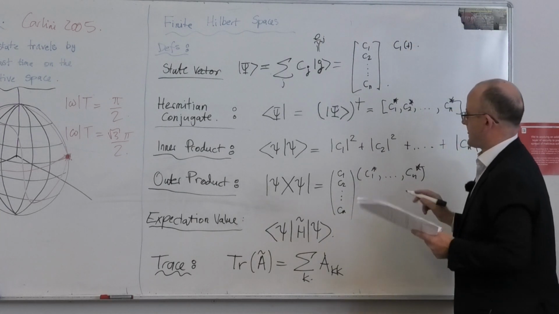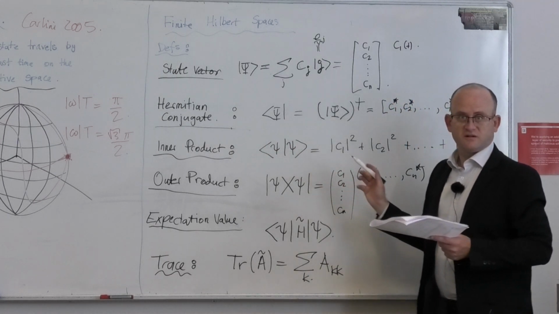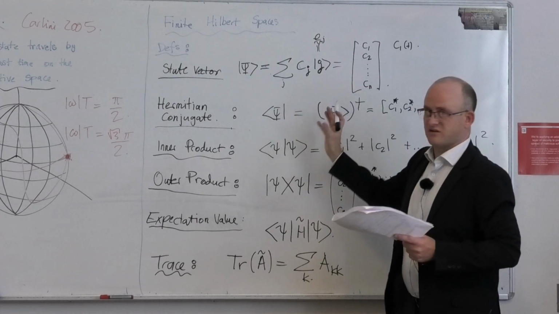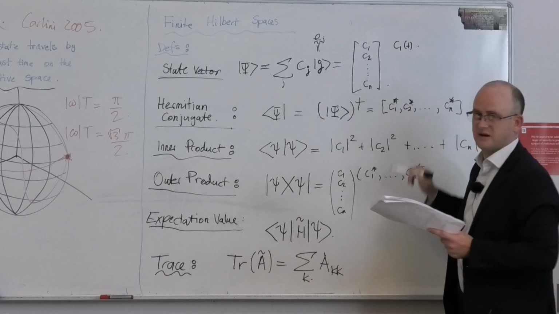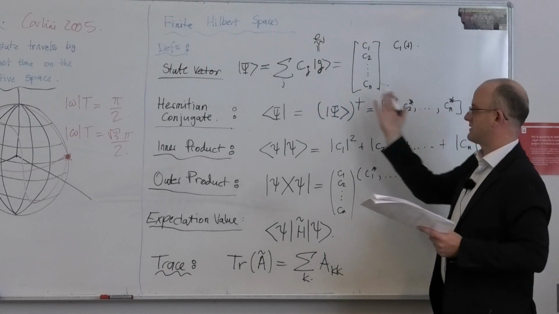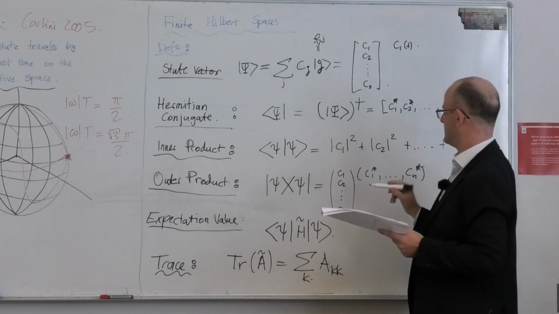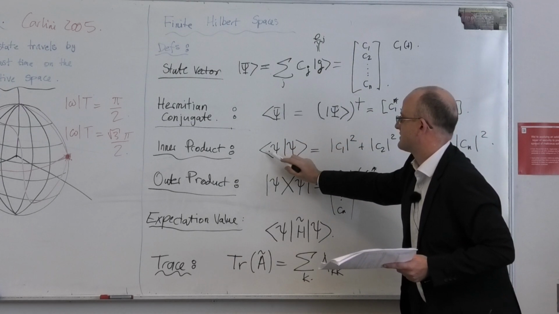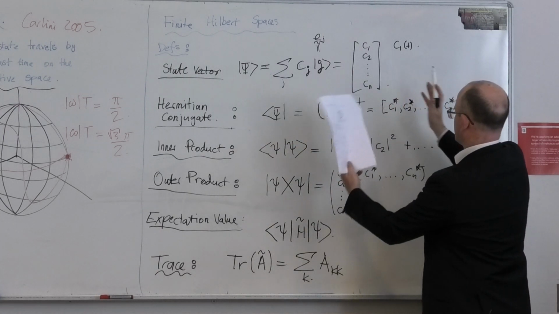Now, we're going to have a Hermitian conjugate, so because they're complex numbers, instead of just a transpose, we have to take a complex conjugate and a transpose in order to get the adjoint, or the Hermitian conjugate. And using this, we can make such things as inner products, just by putting this together.